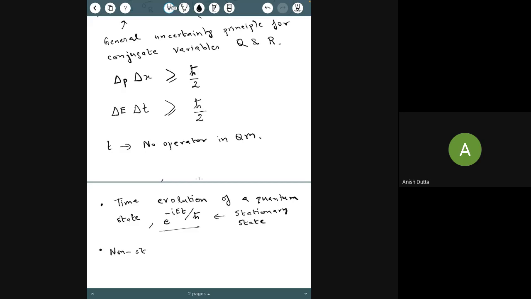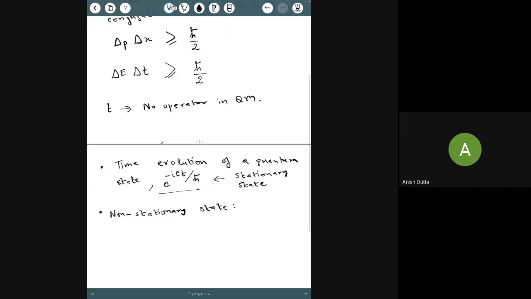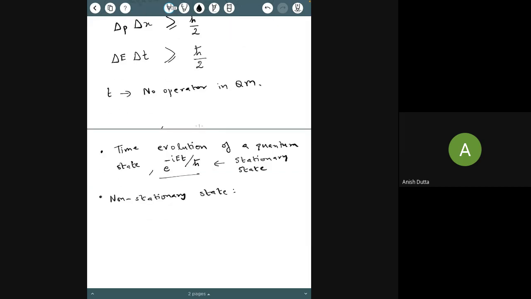And if you have a non-stationary state, which you can also call a superposition of eigenstates, then this time evolution factor is e to the power minus i delta E t by h cross, where delta E is the energy difference.